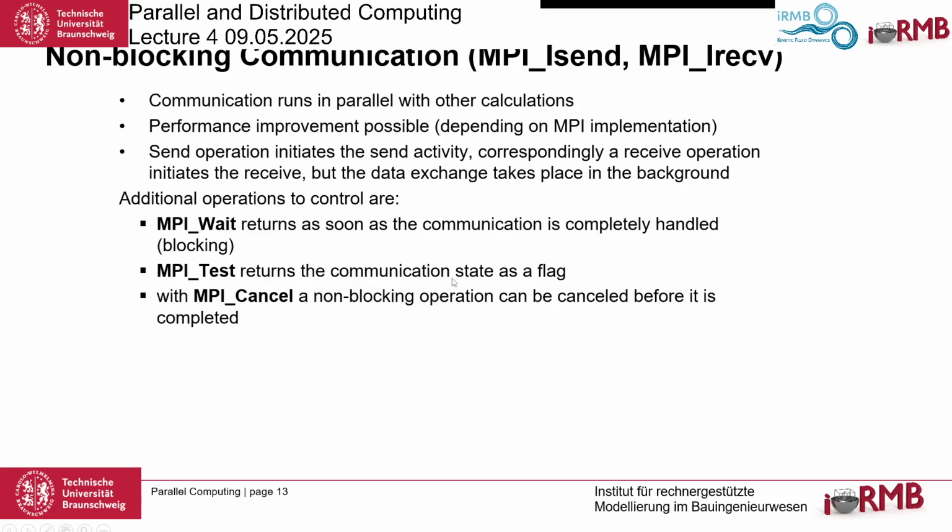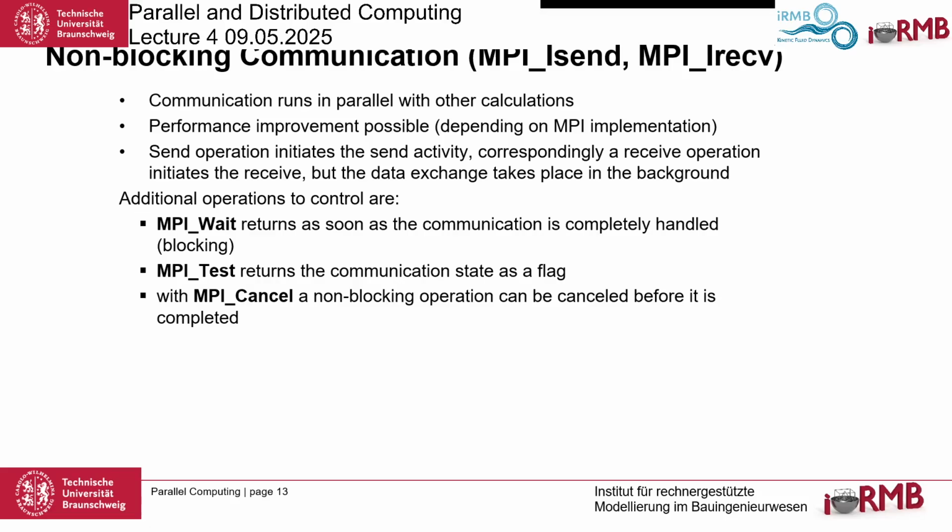So you can put a wait here. What you can also do is test whether it has been done and make a decision based on that. If you say wait, it means you've done everything else and now you get stuck here.